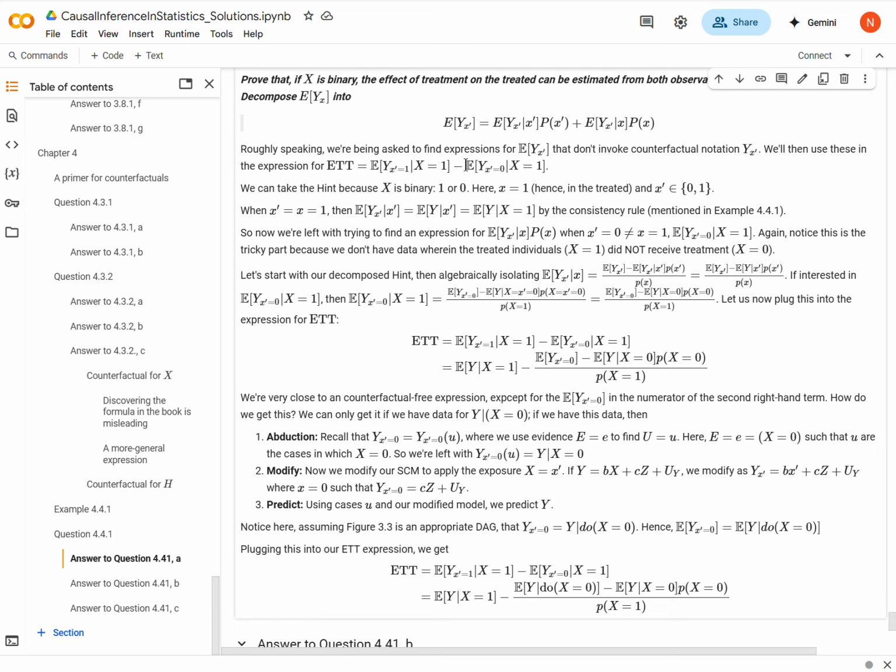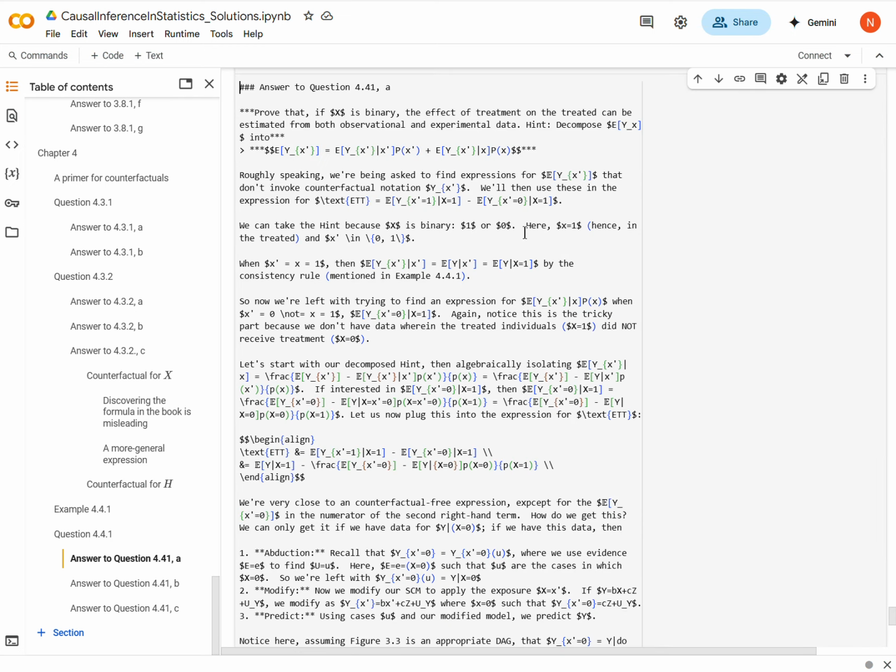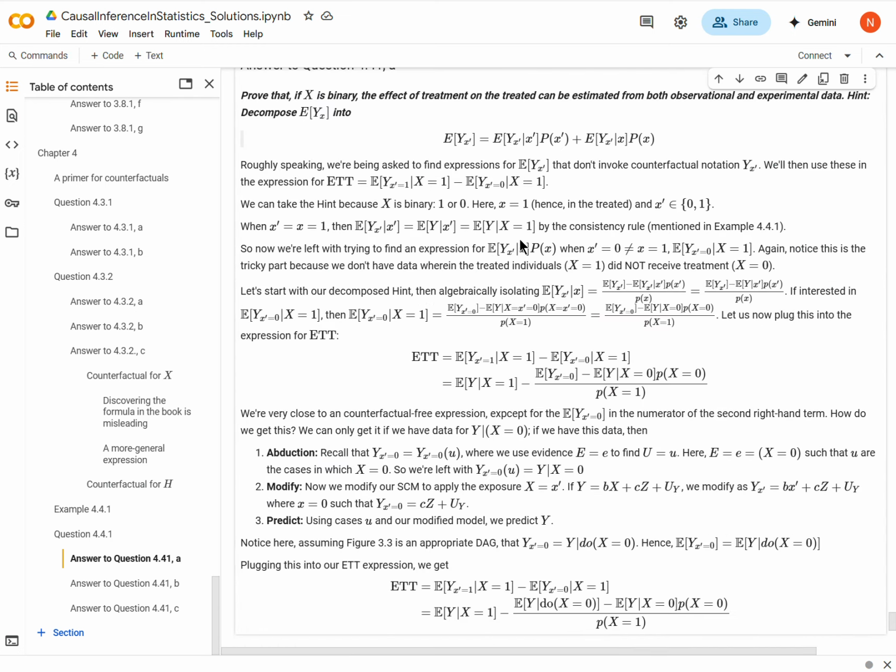So that means that we're left with trying to find a value for this expression here. Or in other words, the expected value of Y for a counterfactual value of X when the observed value of X differs from the counterfactual value. Okay, and notice that this aligns over here.